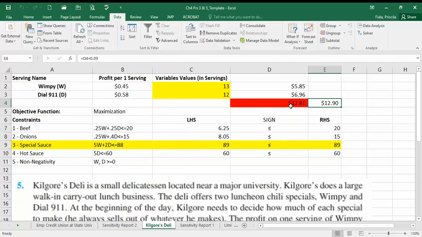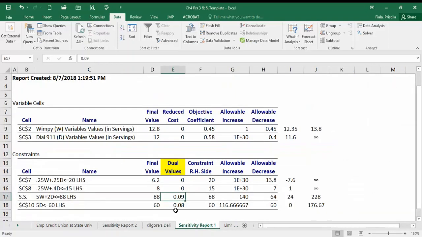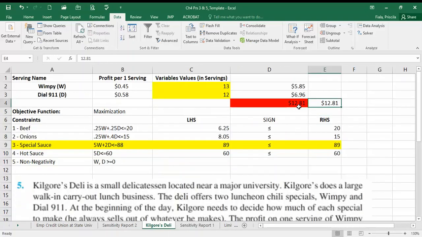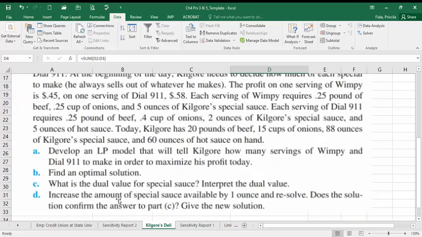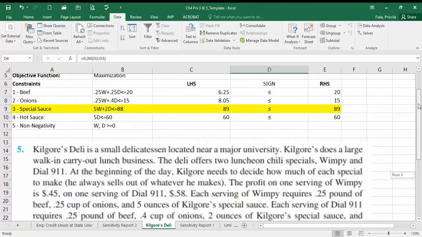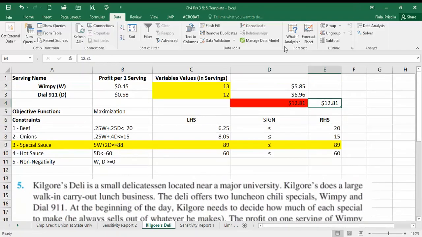The 12.72 plus my 9 cents is 12.81. So it does confirm. So you can say, does the solution confirm? Yes, it does confirm, and then you give the new value, which is 12.81. And you would be done with problem 5.